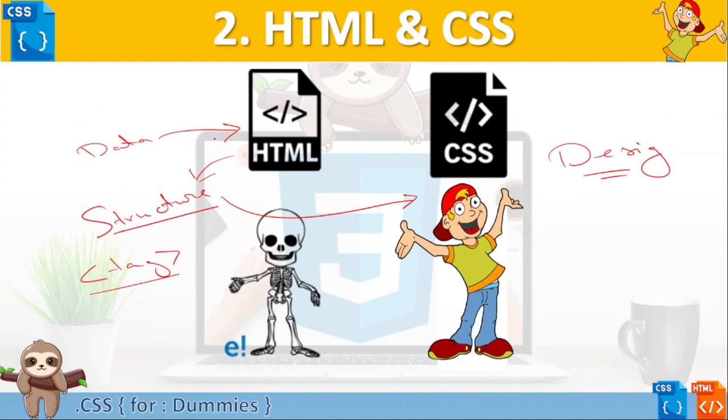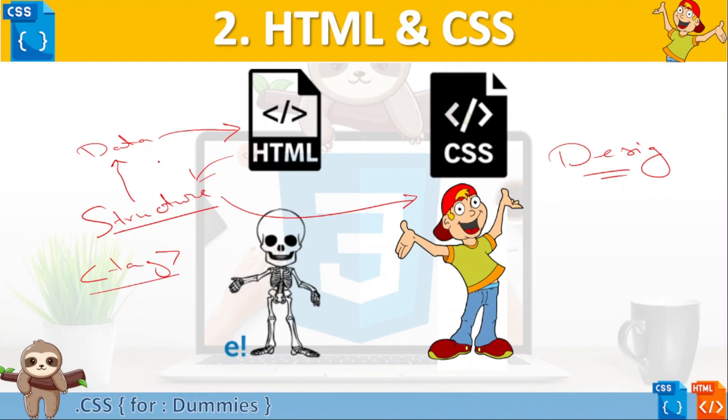The data is handled by HTML. This is the key thing to understand: no matter what, we will still be using HTML. HTML is irreplaceable. You cannot replace HTML. You eventually need HTML to structure your data.